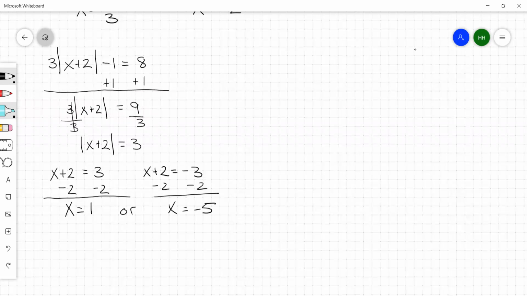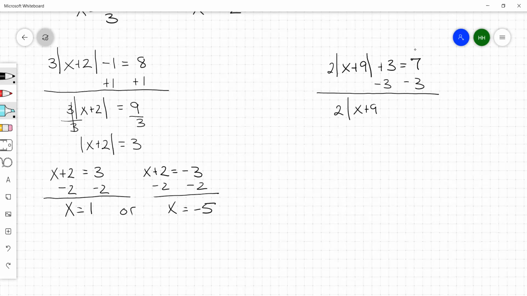And another one of those could look like 2 times the absolute value of x plus 9, plus 3, equal to 7. Same steps, same format, same concept. Subtract 3 from each side. So your 2 times the absolute value of x plus 9 is equal to 4.